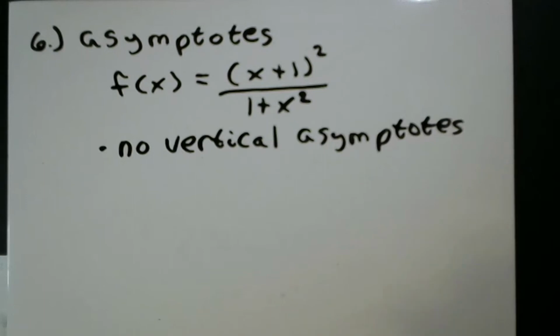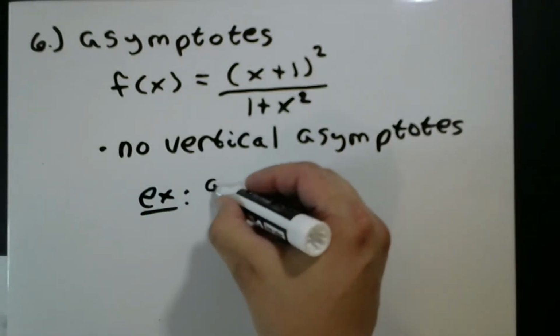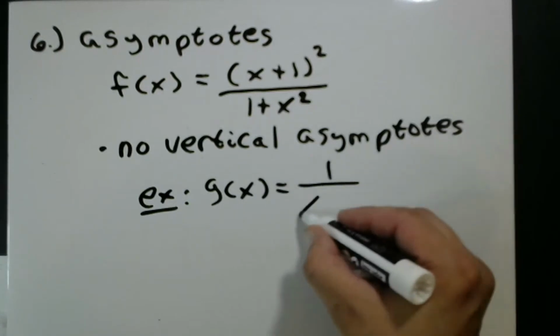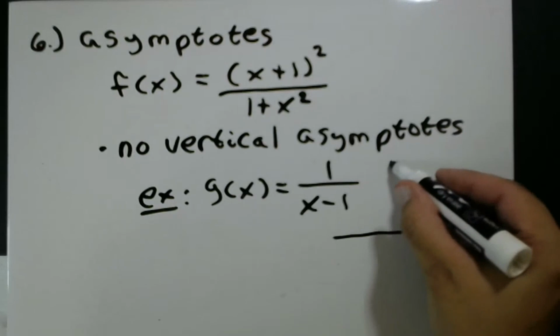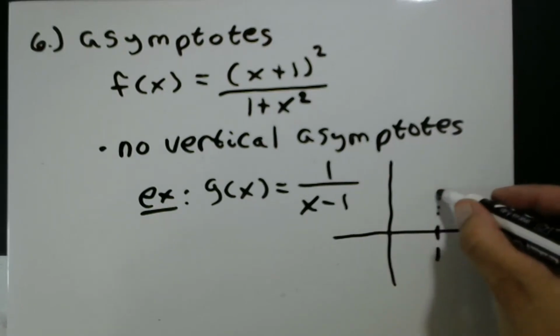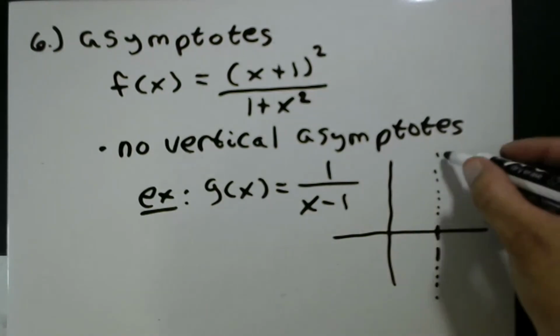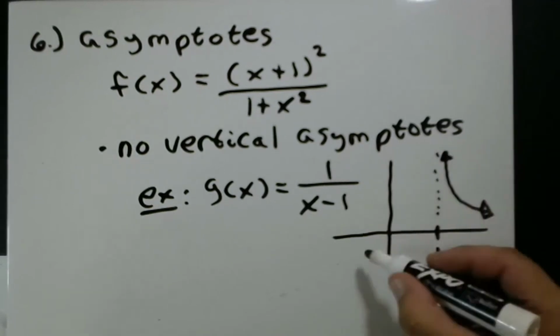Because if you think about vertical asymptotes, for example, I'm just going to give an illustration. If we had, say, g of x is 1 over x minus 1, well, you get a vertical asymptote at x equals 1. So your graph does something like this.